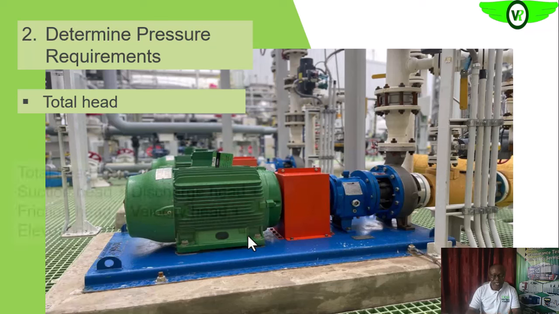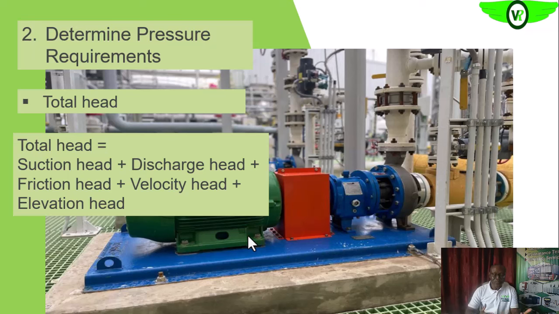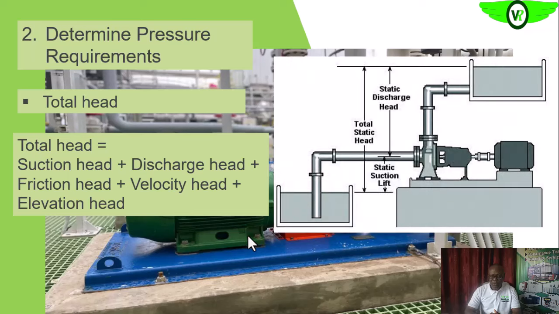So how do we determine the total head? The total head, as you can see on your screen, is the sum of the suction head, the discharge head, the friction head, and also the elevation head. We'll see how all of these are determined as we go along.